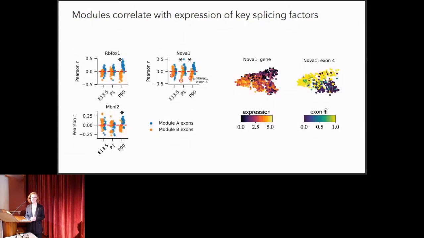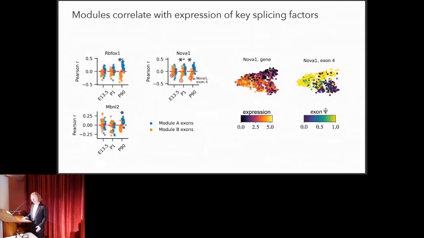And we thought it was particularly interesting that an alternative exon in the NOVA1 gene itself, exon 4, which is known to be autoregulated by the NOVA1 protein, shows a strong correlation with expression of NOVA1 across all of these stages, but its changes in splicing pattern are most clearly associated in the later stages, suggesting that other factors might be responsible for its splicing at the earliest stages.